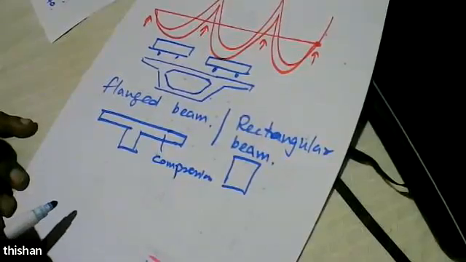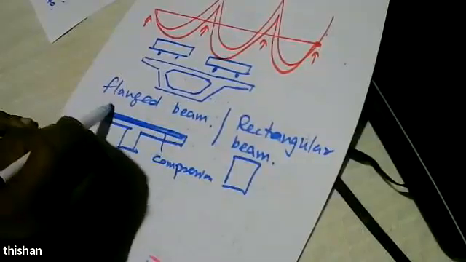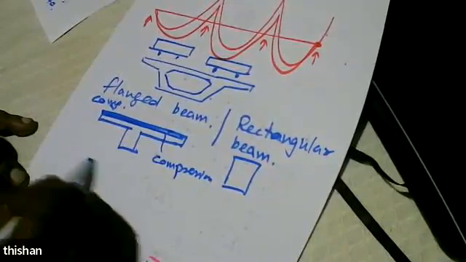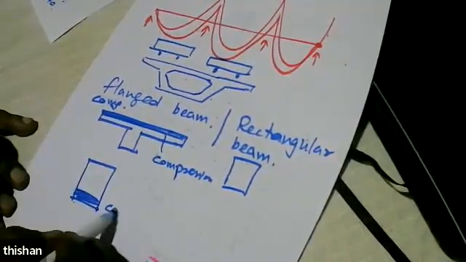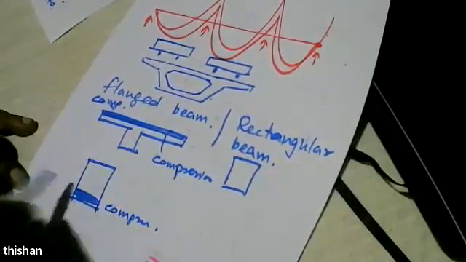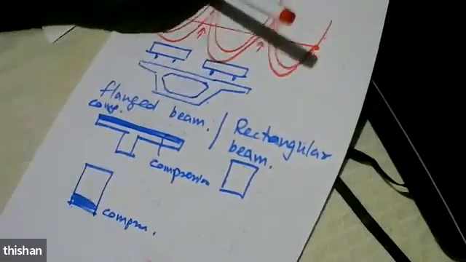You get compression here. And the same section subject to hogging, here you get compression. But because the flange is in tension, we can't make use of the concrete in the flange.